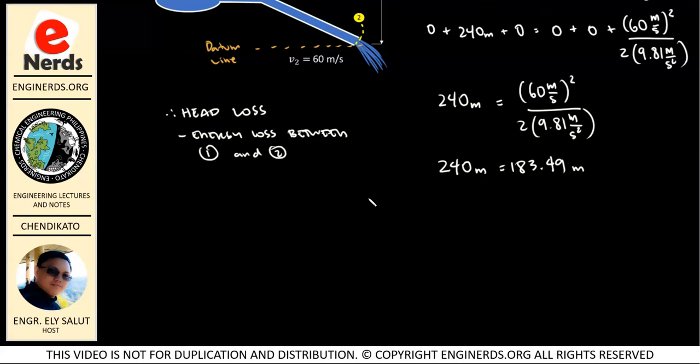So, how are we going to get that now? Ano yung head loss? Actually, our equation here will be energy at point 1 minus yung nawalang energy, which is the head loss, is equal to energy at point 2. Okay? That means if we are going to transpose, our head loss is equal to energy at point 1 minus energy at point 2. Okay?